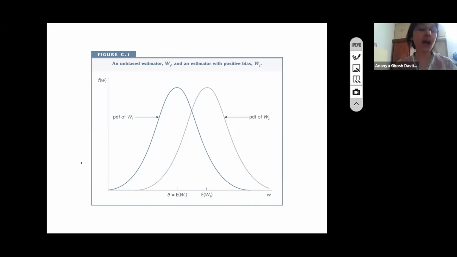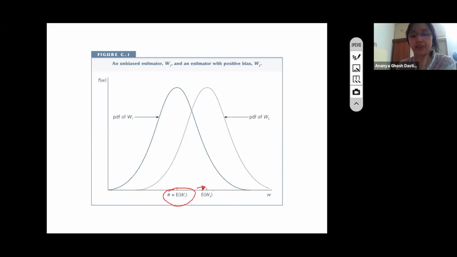Estimators are random variables, which means they have probability densities. So here you see the probability density of W1, which is one proposed estimator of theta, and of W2, which is the second proposed estimator of theta. Now you see that the mean of W1 is exactly equal to theta, but the mean of W2 is greater than theta.